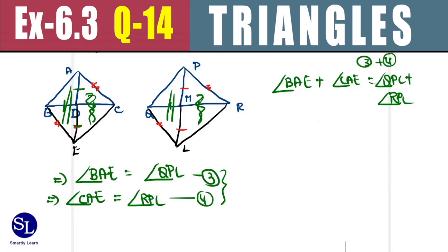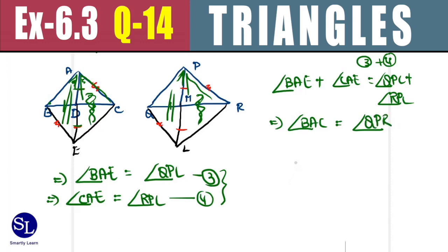Now what is angle BAE plus angle CAE? We are talking about this angle and this angle, so this is going to be equal to angle BAC. And similarly here, it is QPL and this is RPL, so we are talking about these two angles, which means it is angle QPR.